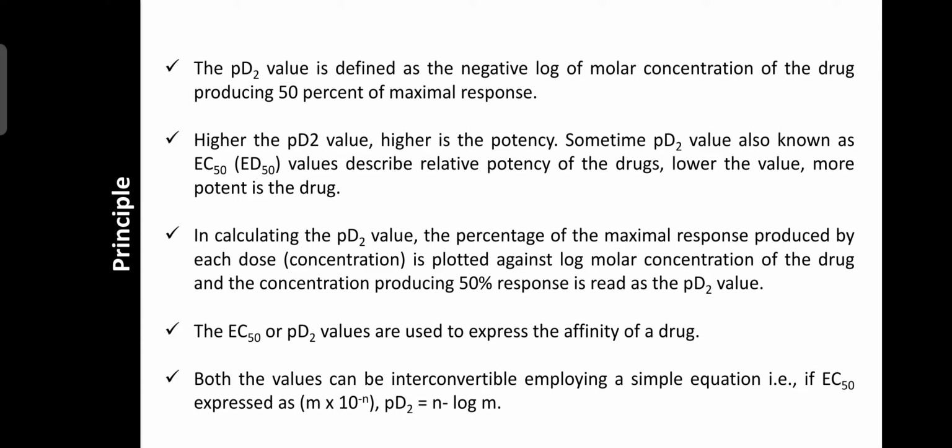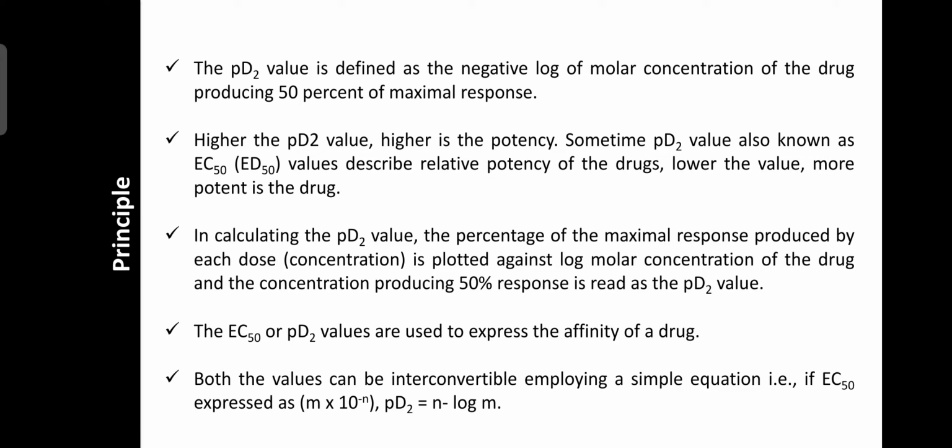In calculating the PD2 value, the percentage of the maximal response produced by each dose concentration is plotted against log molar concentration of the drug, and the concentration producing 50% response is read as the PD2 value. The EC50 or PD2 value is used to express the affinity of a drug.